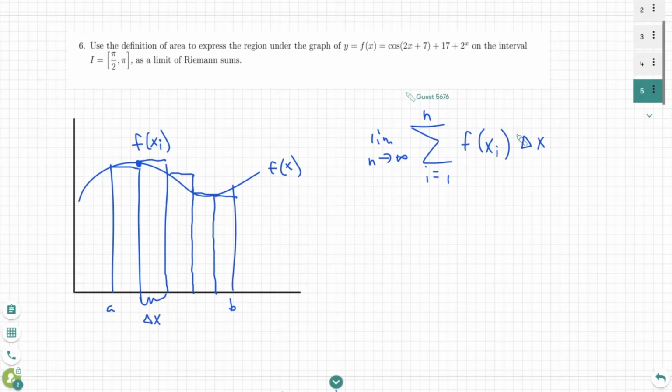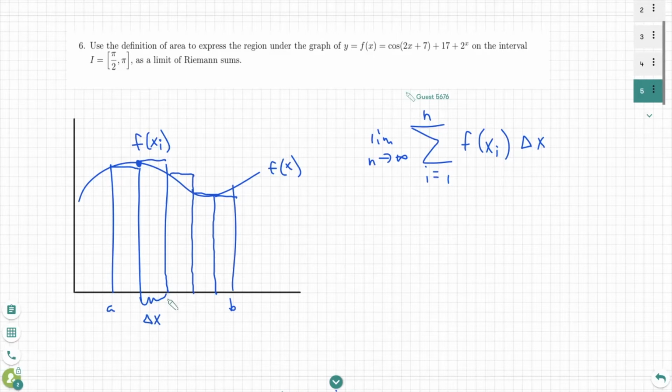So what we can do is come up with formulas for xi and the change in x. The change in x represents the width of the rectangle, or the base. You know how to calculate the width?